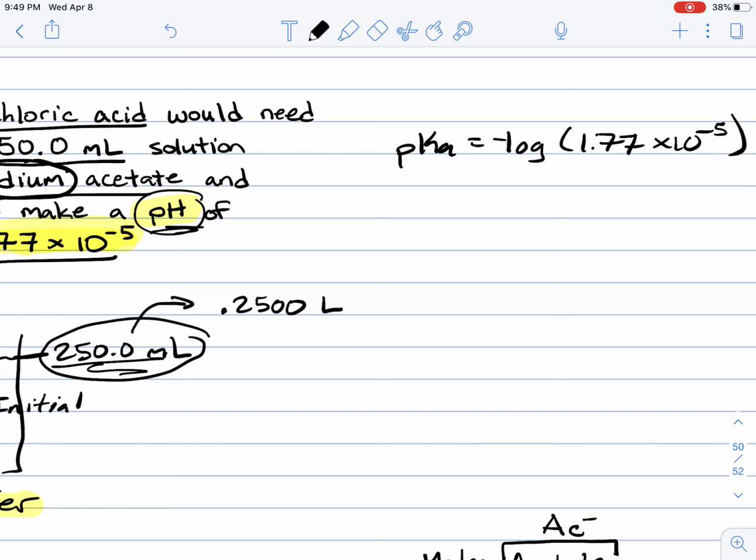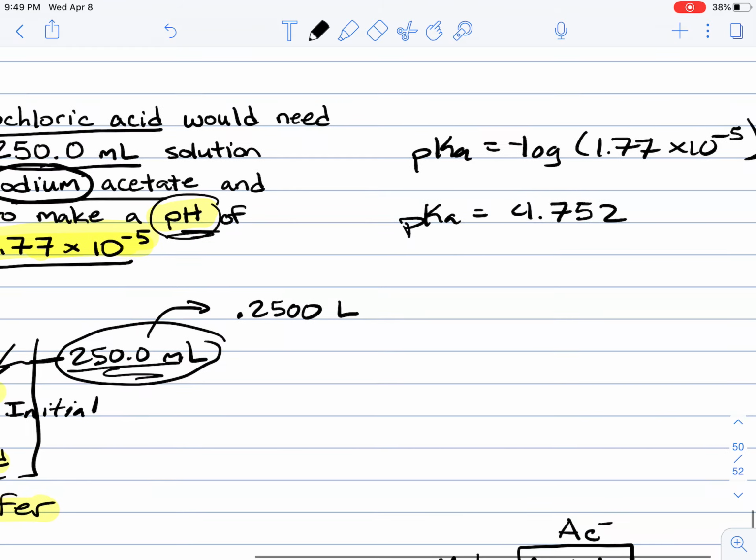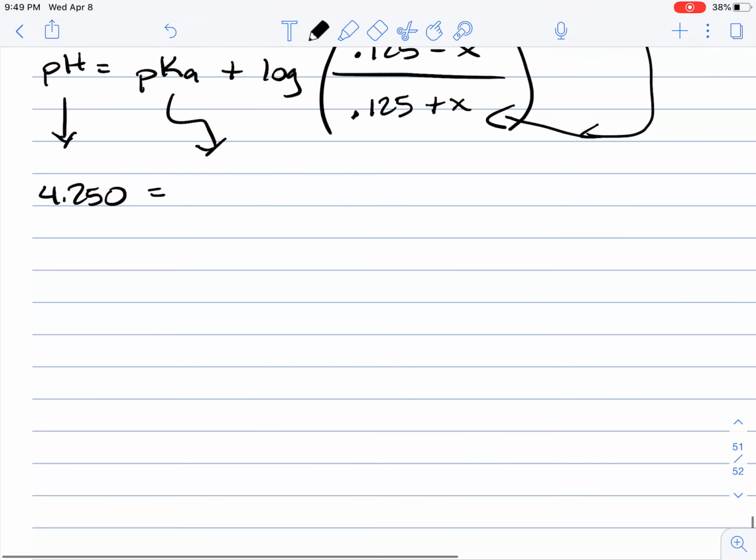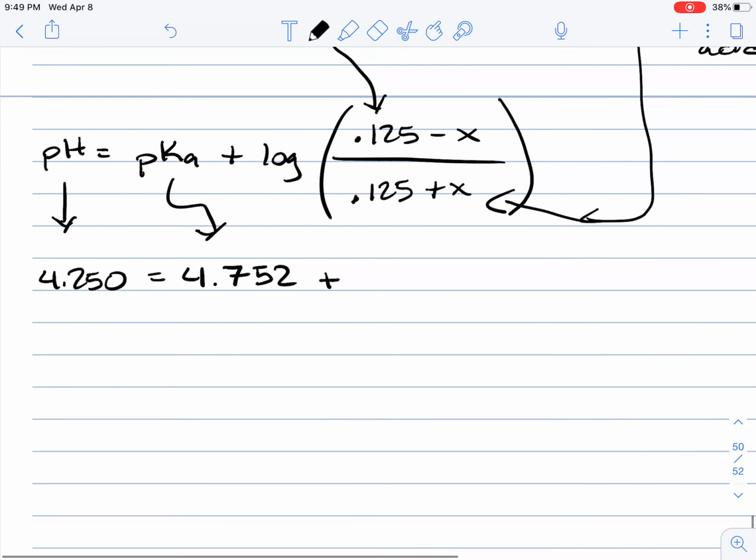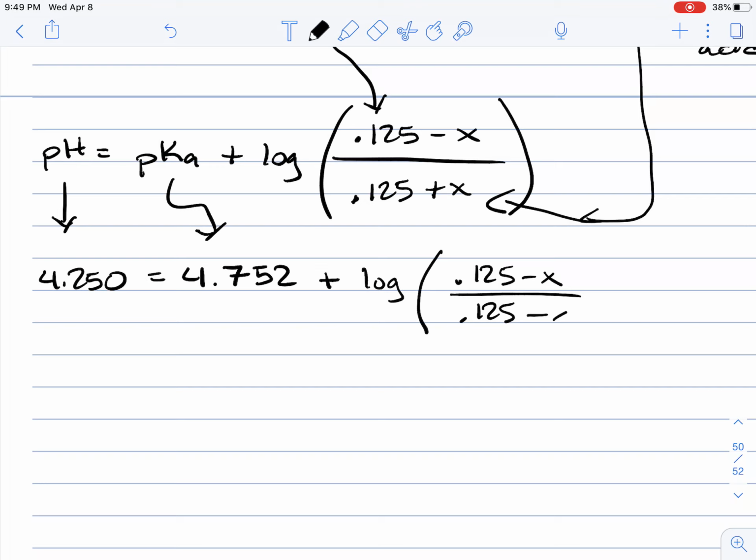If I punch that into my calculator, the value of my pKa is going to be 4.752. So this is 4.752 plus the log of 0.125 minus x over 0.125 plus x.